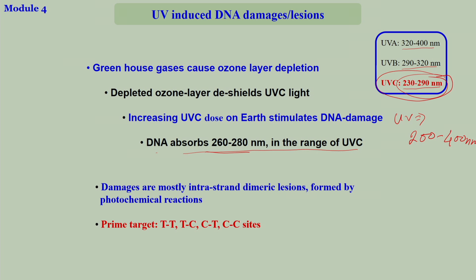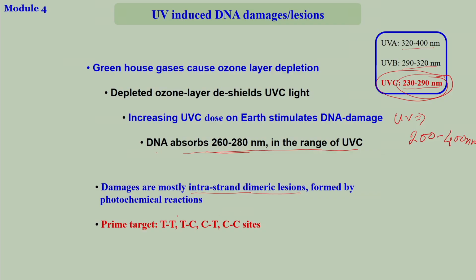So, there are many kinds of DNA damage that happen because of the UV. Primarily they are intra-strand dimeric lesions, those formed within the same strand, where two nucleobases adjacent to each other form a dimeric lesion, and the prime targets are the pyrimidines.